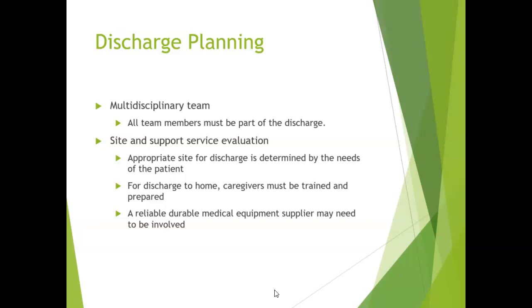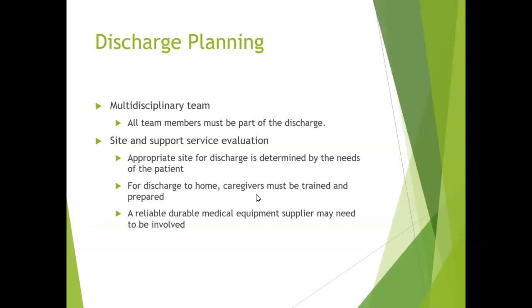and that they're going to go home to a situation that's going to enable them to stay home without having to be readmitted. So if we are discharging somebody home, we want to make sure that the caregivers they have in place, family members, friends, whatever, are going to receive the proper training and understand the situation well enough to know that they're really capable of taking this person home.